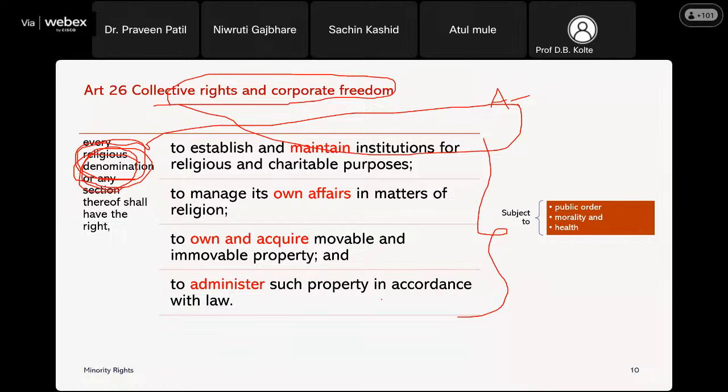What is that? Collective religious organizations shall have a right to establish and maintain, for charitable purposes, institutions, including educational institutions. The second right is, am I audible? Yes, sir.